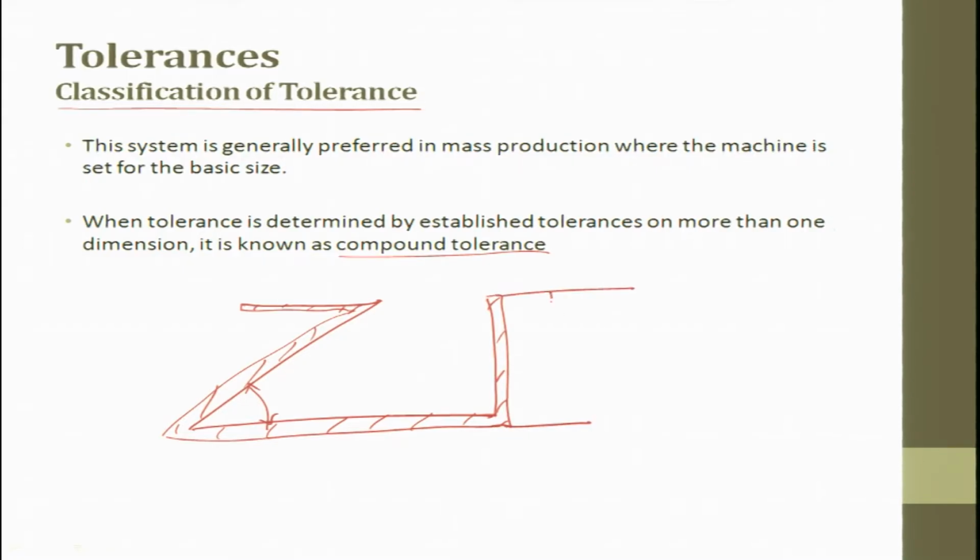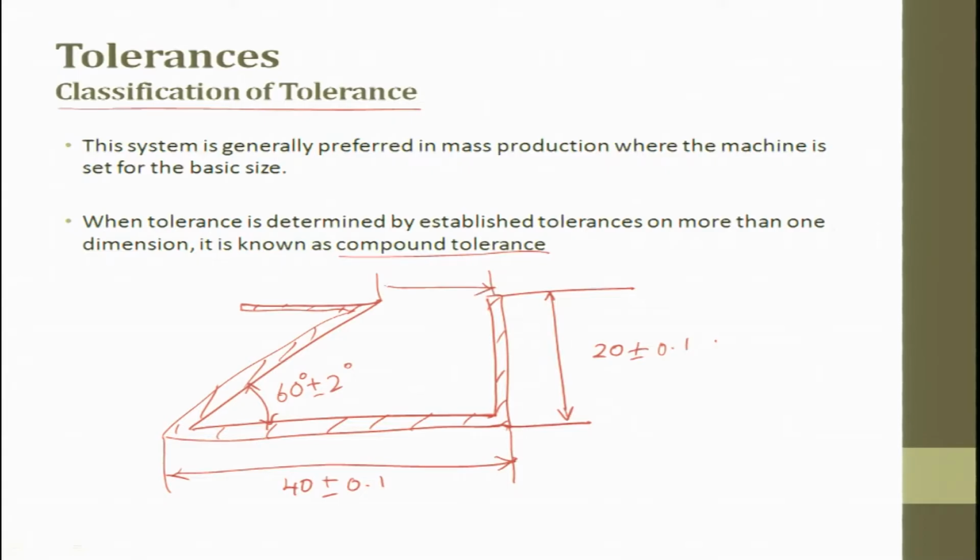So, this is 20 plus or minus 0.1 millimeter, and here it is theta plus or minus 2 degrees. This length is 40 plus or minus 0.1 millimeter, and now this is R. We are supposed to find out this R.